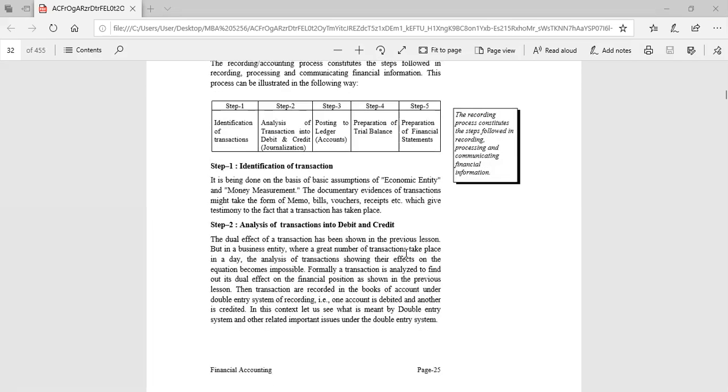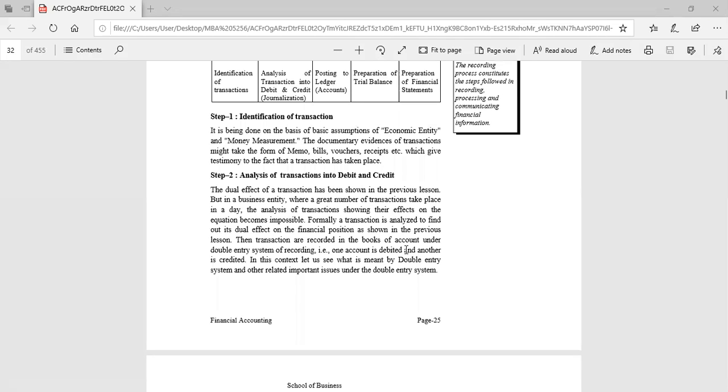In accounting systems, one party is debit, another party is credit. In 1494, Luca Pacioli invented the double entry system of debit and credit.